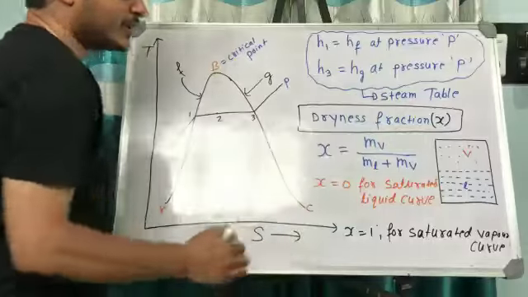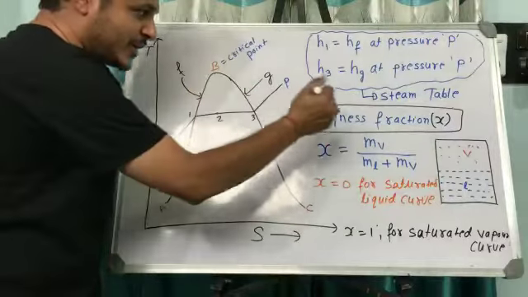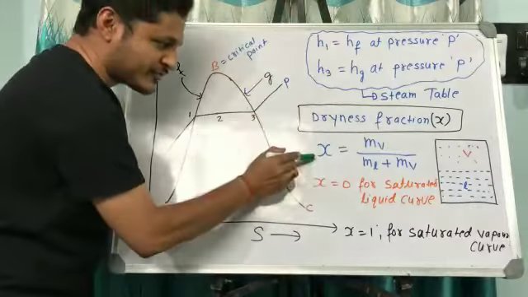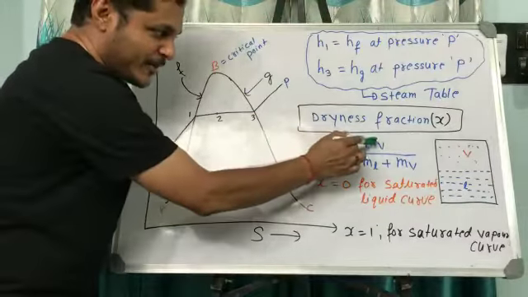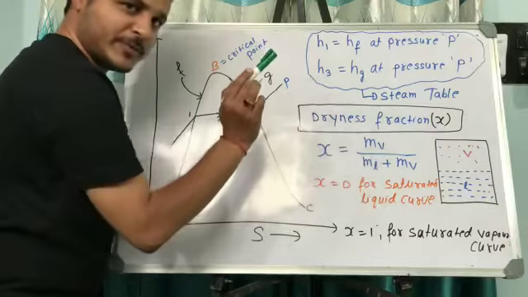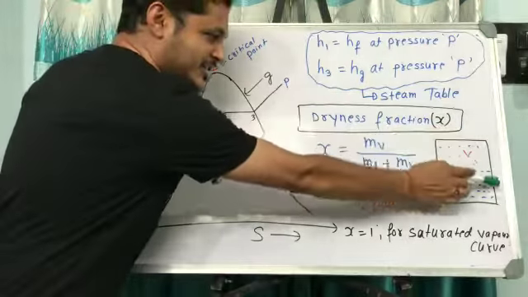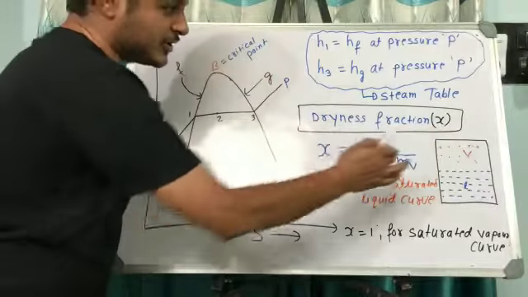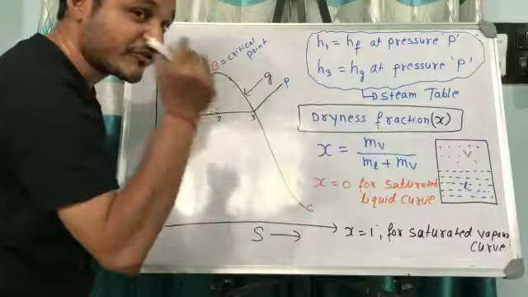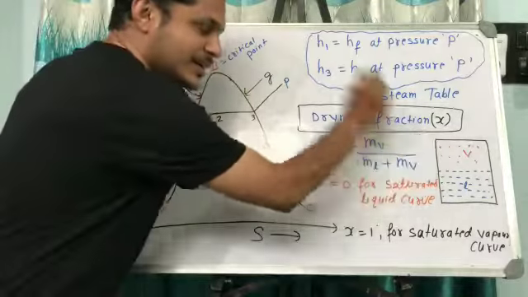I have written it here. Now the next thing: what is dryness fraction? It is denoted by X. Dryness fraction is the mass of vapor upon the total mass, which is mass of liquid plus mass of vapor. Suppose there is a rigid container which contains both vapor and liquid. Dryness fraction is the fraction of vapor in this container.